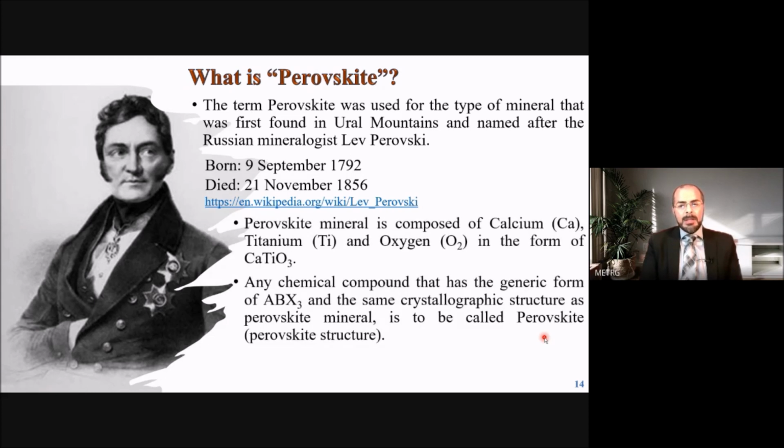This mineral is composed of calcium, titanium, and oxygen in the form of CaTiO3. So any chemical compound that has the form ABX3 is going to be a perovskite. The perovskite family is so big, so broad, and used in different areas. But in this presentation, we're going to explore more about the perovskite used in solar cells.